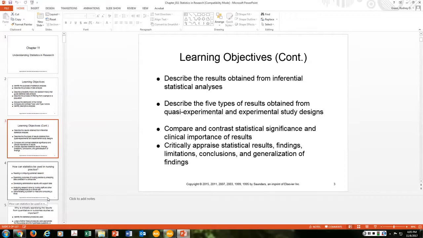So understanding statistics and the analysis of statistical findings is very important for understanding the results of quantitative reports.